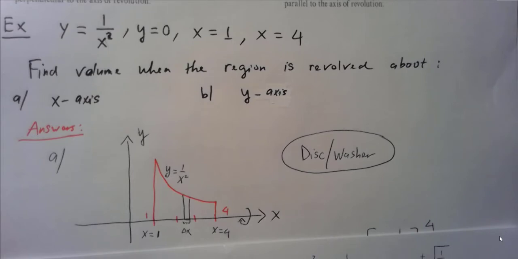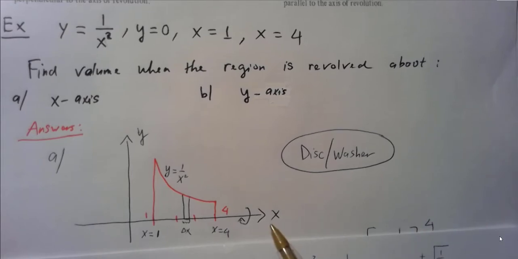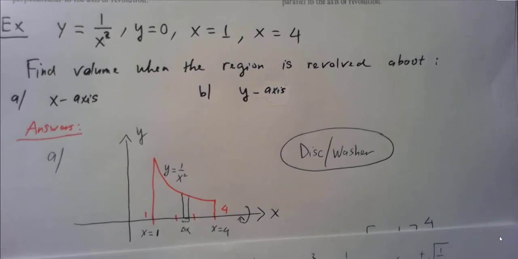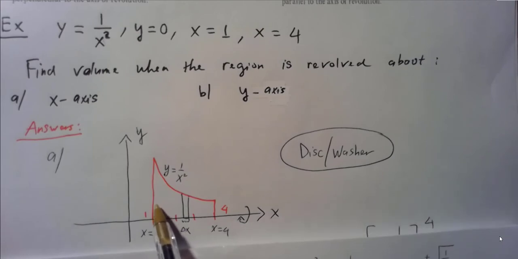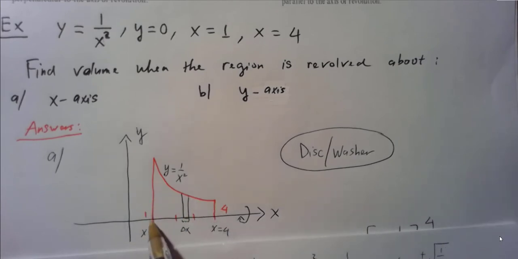Now, if I use the shell method, it would be difficult because I have to place the horizontal rectangle, and for a horizontal rectangle, I have two different limits. Between this point and this point here, this is the constant value, right?